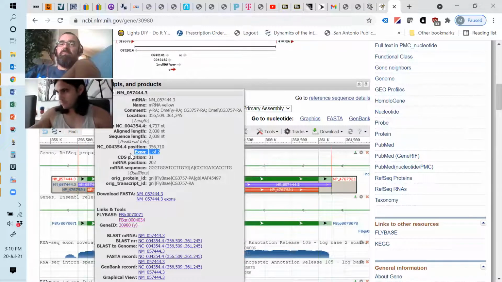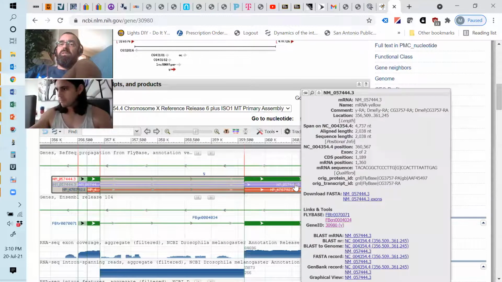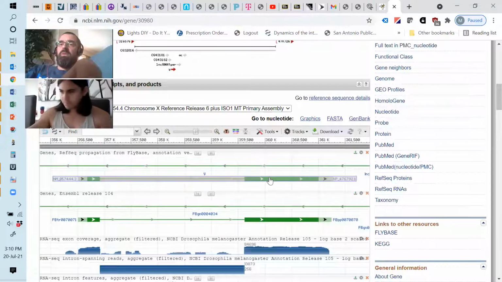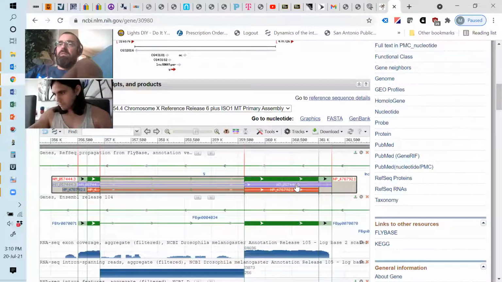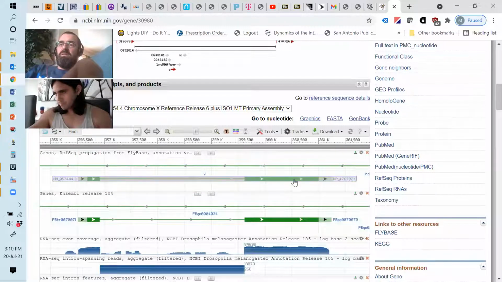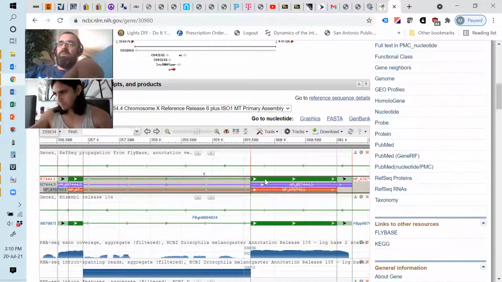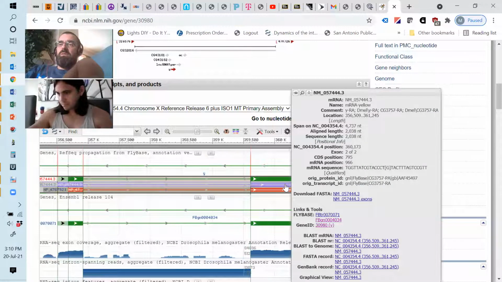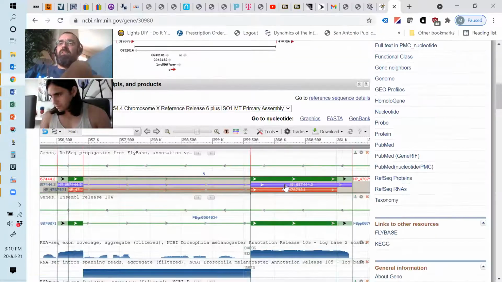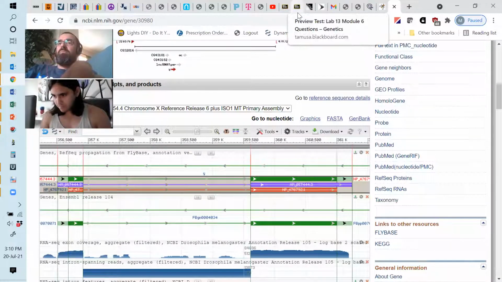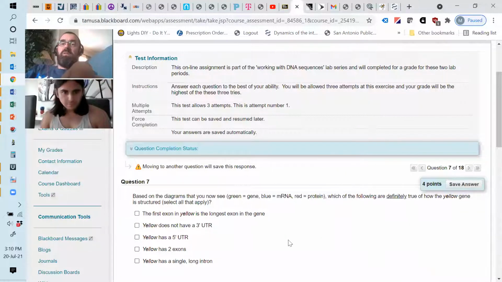You see here, exon 2. So is exon 1 longer than exon 2? You pick which one you think is right. Yellow does not have a 3' UTR. Is that correct?